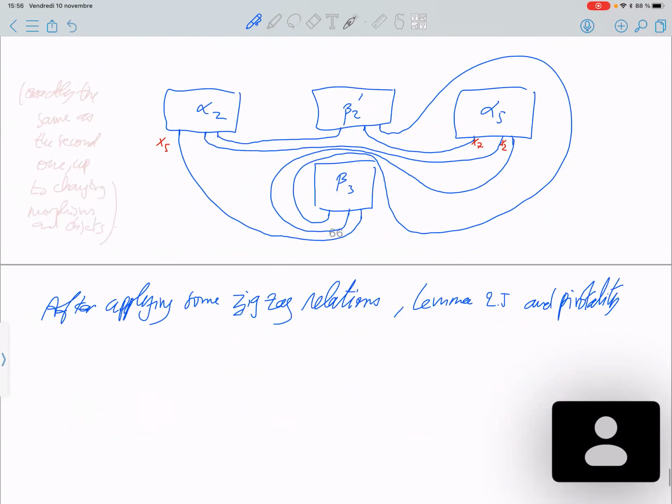But this is okay. We get the original form of monoidal tetrahedron.